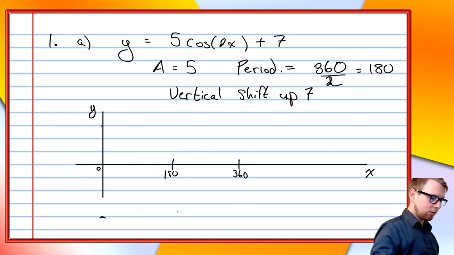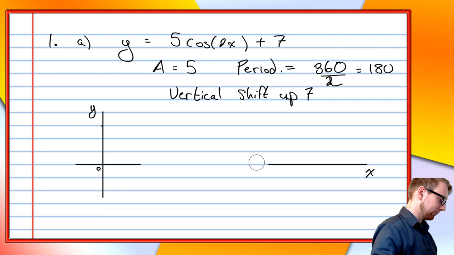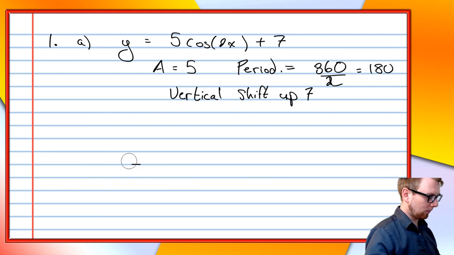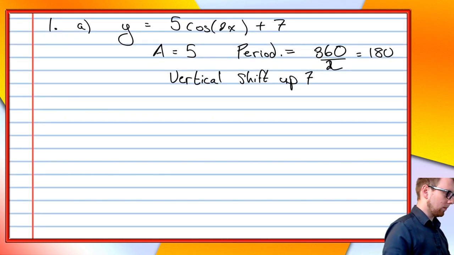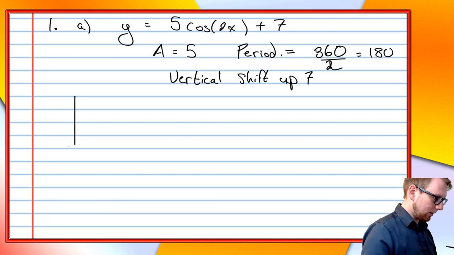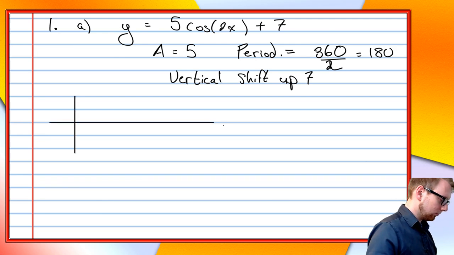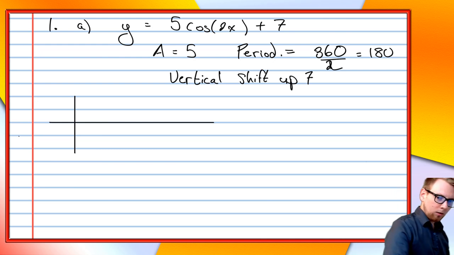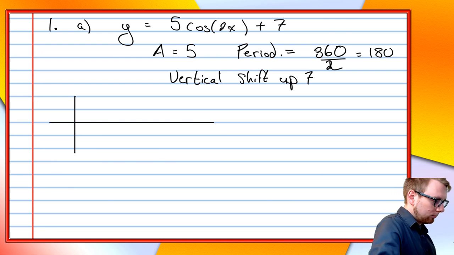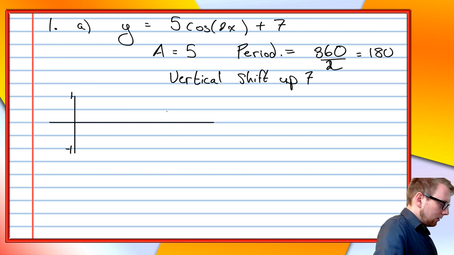You don't know how to graph it properly? Okay. Well, let's start by graphing a regular cosine. Cosine starts at 1, goes to -1. Yeah, that's all you really need. And from 0 to 2 pi, or 360 degrees, I say for you.